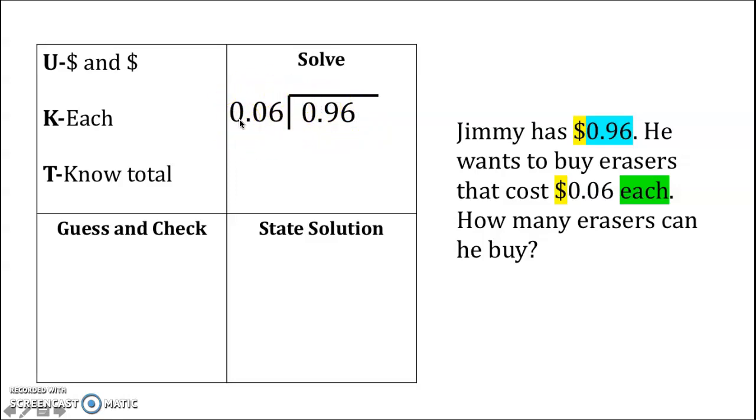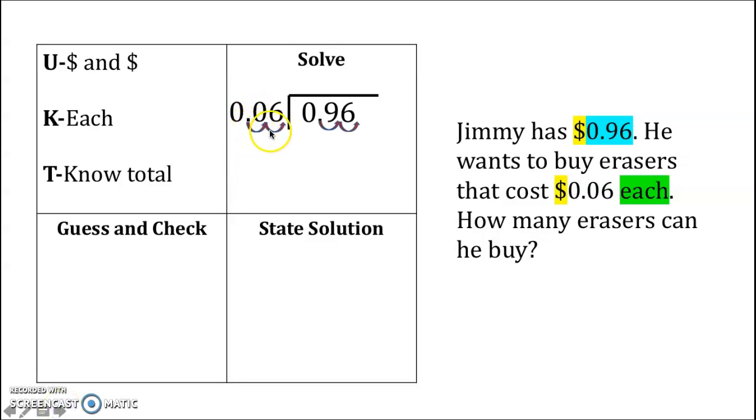Now, one little chant that we use to help remember what to do if there is a decimal in the divisor is that we need to move it until the divisor has a whole number instead of a decimal-like number. So right now we have 6 hundredths in our divisor, so we need to move our decimal 2 times in order to make that 6 hundredths into a whole number of 6.